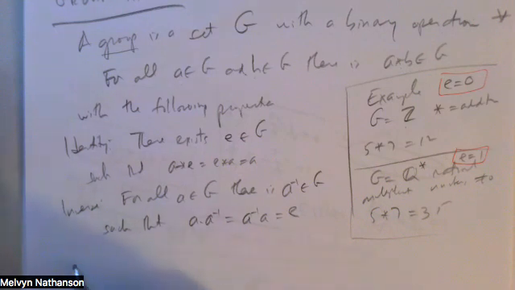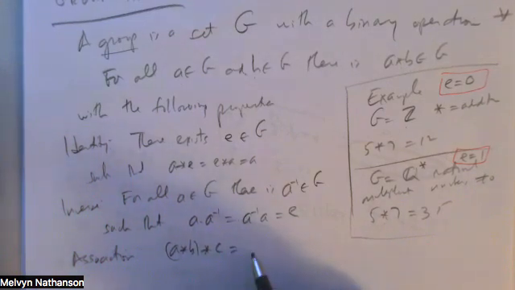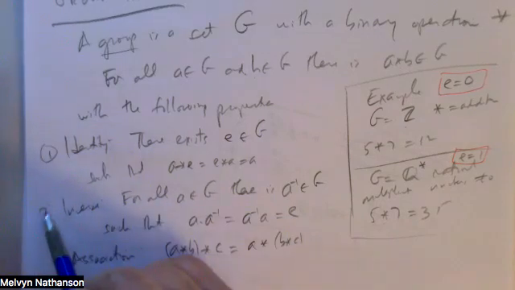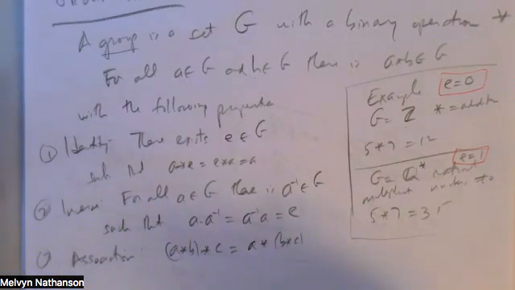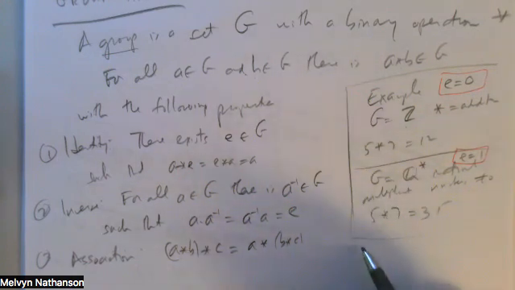And the third property which has to be satisfied is that the binary operation, multiplication, is associative. So you multiply A and B and multiply that by C, that's the same as multiplying A with B times C. So this is the definition of a group.